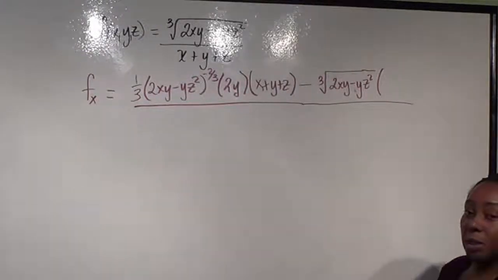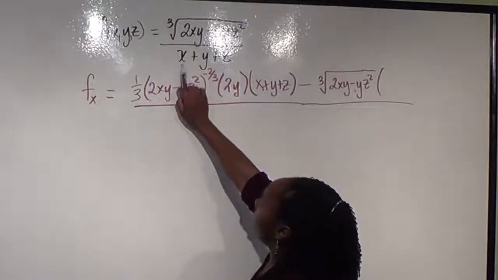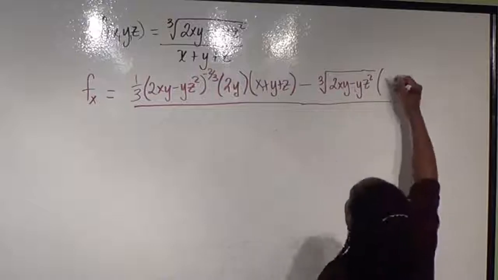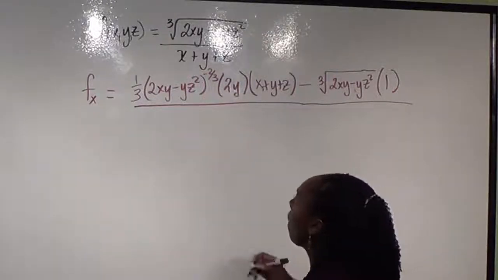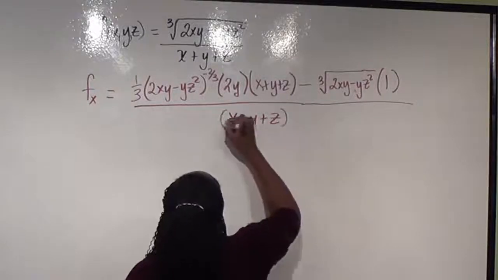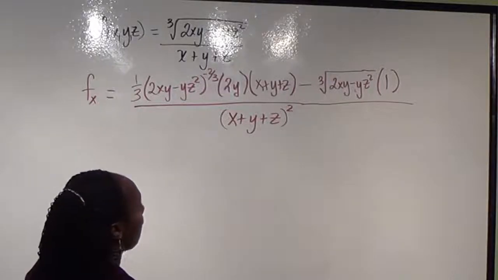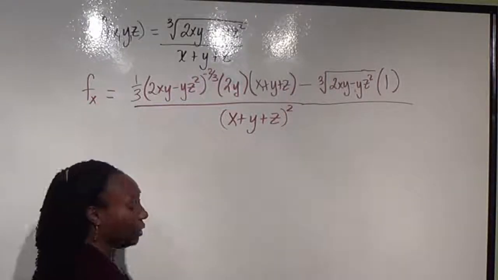Now here I've got some plus signs. So the derivative of the bottom with respect to x is just going to be 1 plus 0 plus 0. Okay? All over the bottom squared. Okay. These functions are going to be a little bit more difficult to clean up, but they work very similar to what we did before.